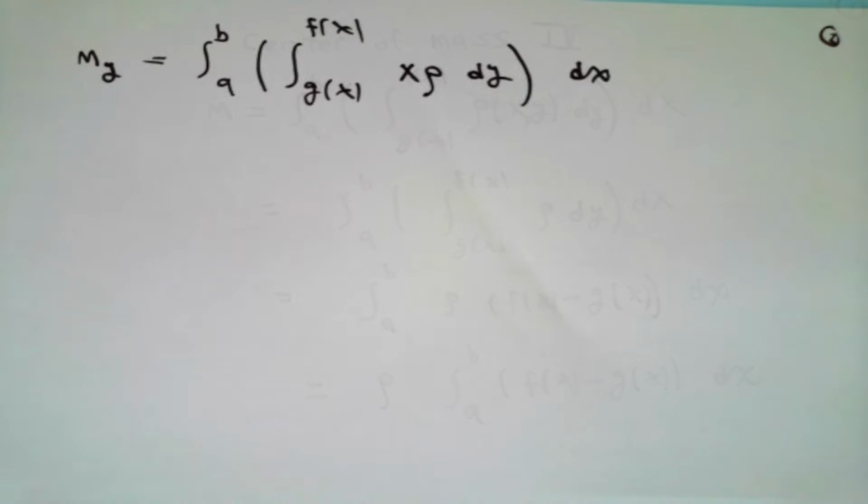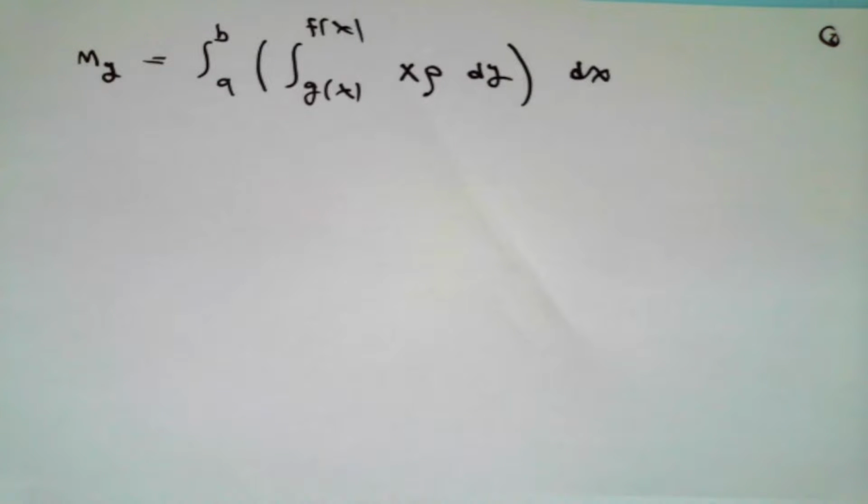In a similar way, if I want to calculate the moment about the y-axis, I have to calculate this integral, and in this case, rho is an actual constant, and inside the inner integral, we treat the x as though it were a constant. The antiderivative is going to be x times rho times y.